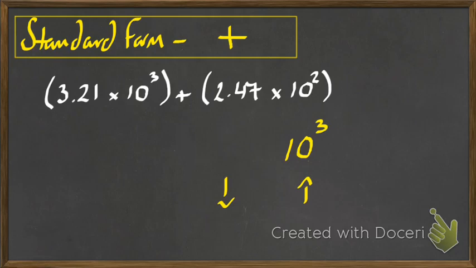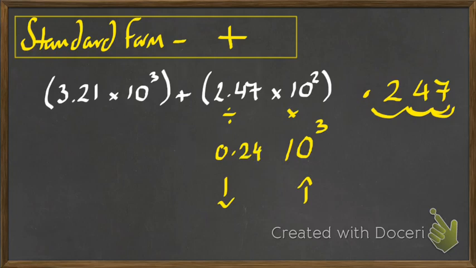In other words, if I had 2.47 times 10 to the 2, that would give me 247, because I've moved the decimal place twice. But I want to move it 3 times, so what would the standard form be then? Well, not the standard form, but sort of. Well, the decimal point will be there, because then I'd move it 1, 2, 3, and still end up with 247. So in other words, if I multiply by 1 power here, then I must divide by a power of 10 here, which gives me 0.247 times 10 to the 3.